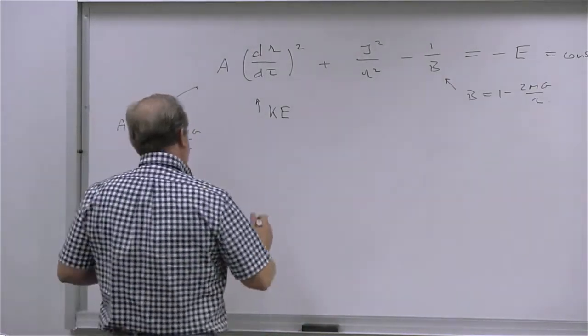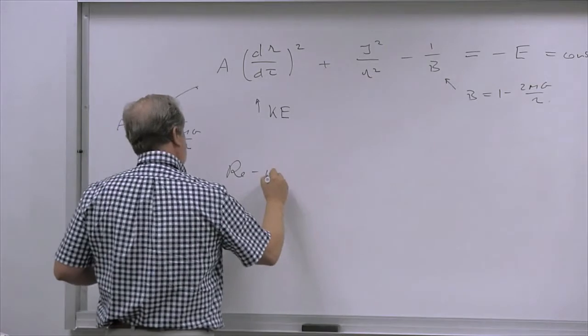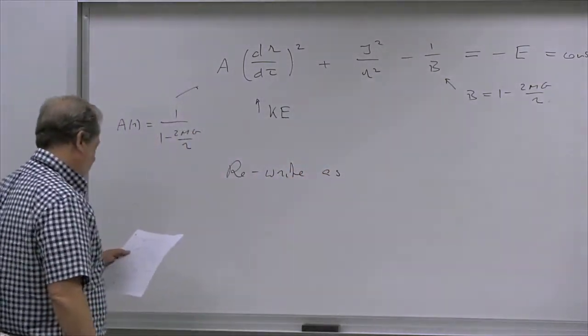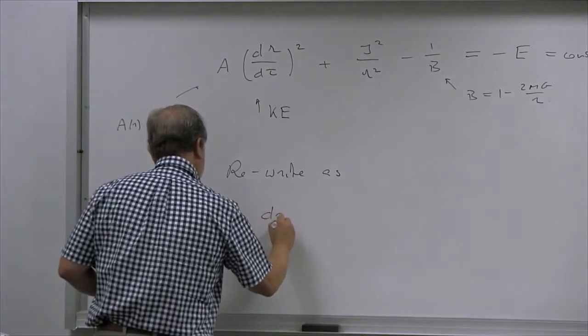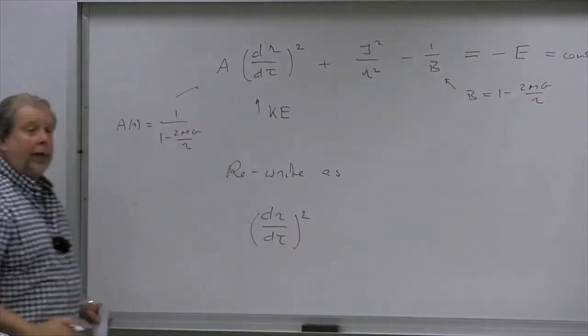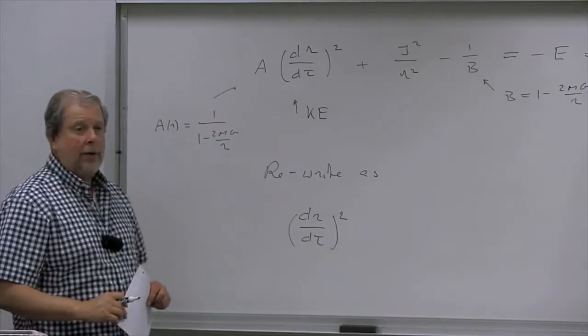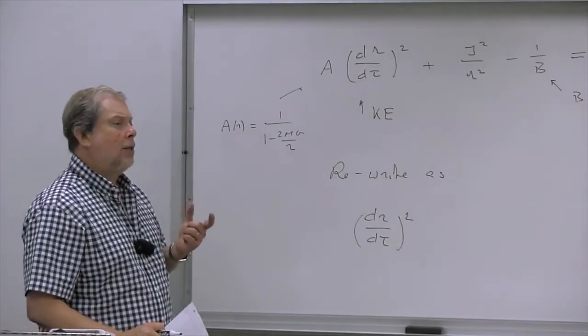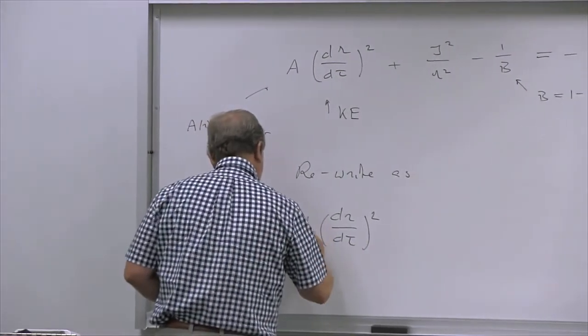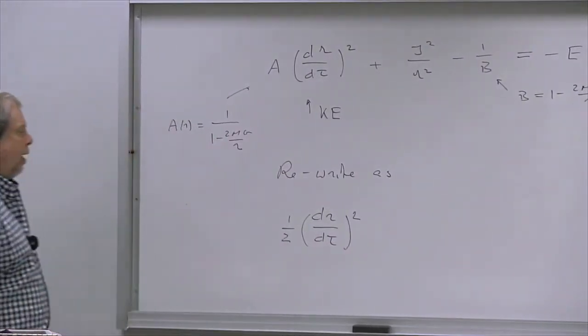as dr by d tau squared. Now usually the kinetic energy term has a 1/2. And of course this is for a given mass, little m, which you can always add, but here we don't have that little mass, so we just have the 1/2.